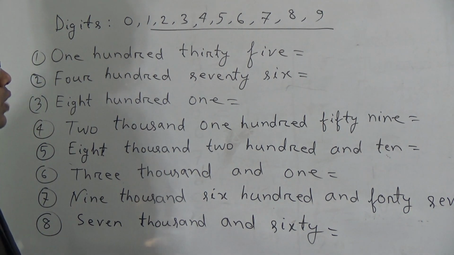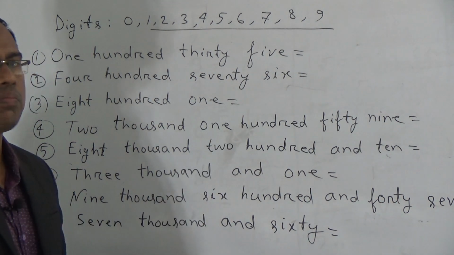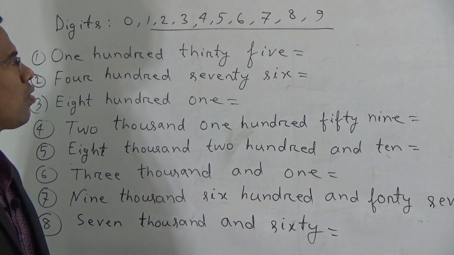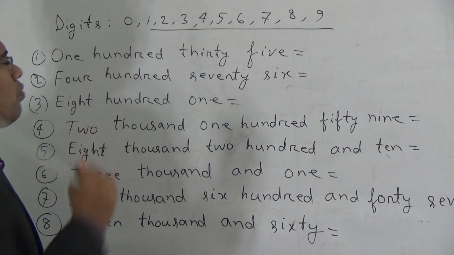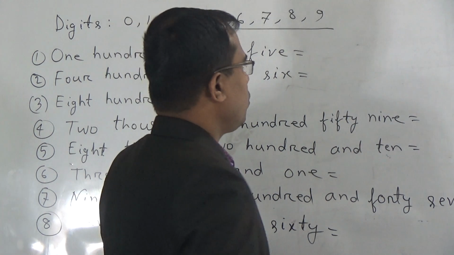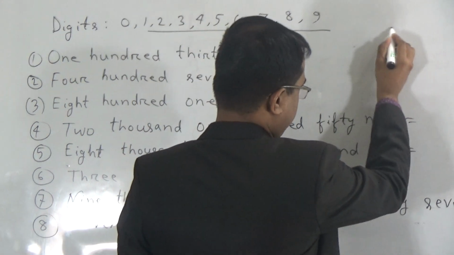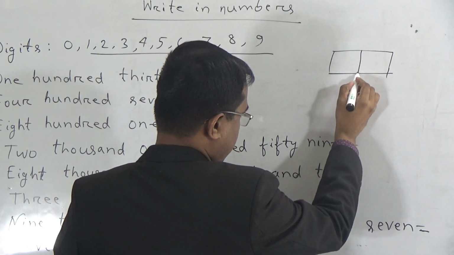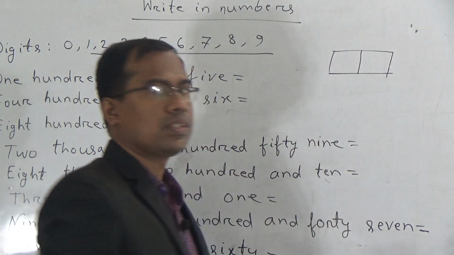Now, students, I want to write 10, which is greater than 9. But there is no symbol by which we can write 10. So, we have to use two symbols from here for writing 10. And we put two symbols in two places. This is ones place and this is tens place.